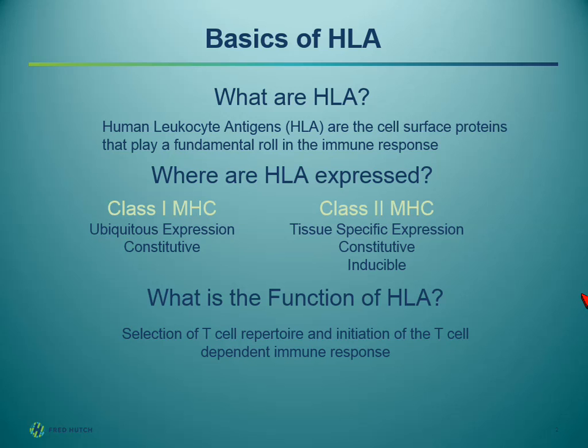Class 1 is pretty much ubiquitously expressed, whereas class 2 is much more tissue group specific and it's inducible. And keep in mind, this is our immune system's way of telling self, of telling good from bad, of telling infected or cancerous from non-cancerous. It's really the basis of how our immune system functions.